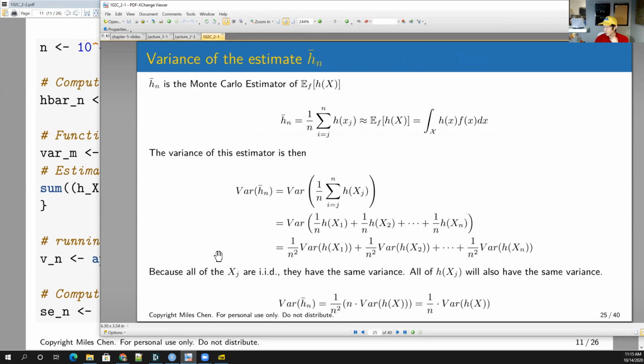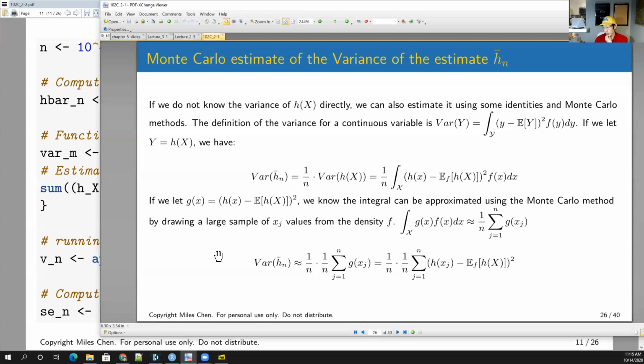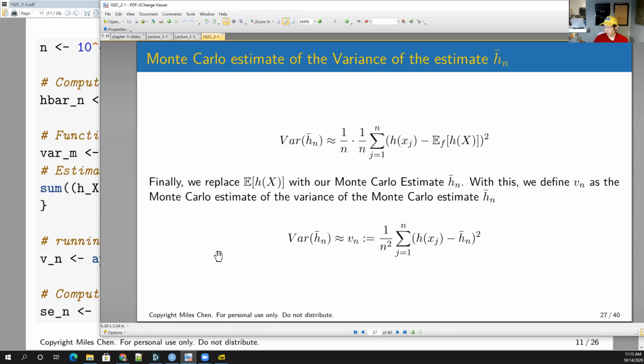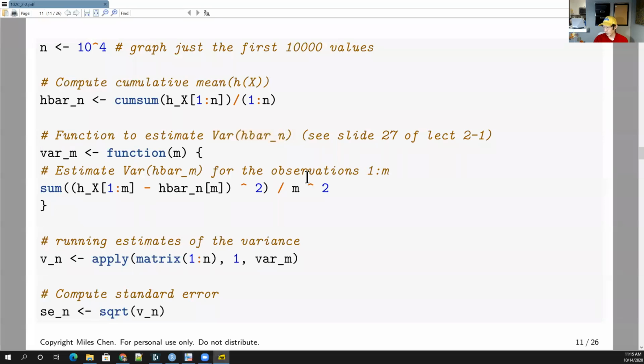This comes from Monday's lecture, the work for calculating the variance of h bar sub n, so I'm not going to redo it here. If you're wondering where this came from, because it looks a little bit wonky, take a look at slide 27 of Monday's lecture, and hopefully that will explain how this is done. And then I've configured this.